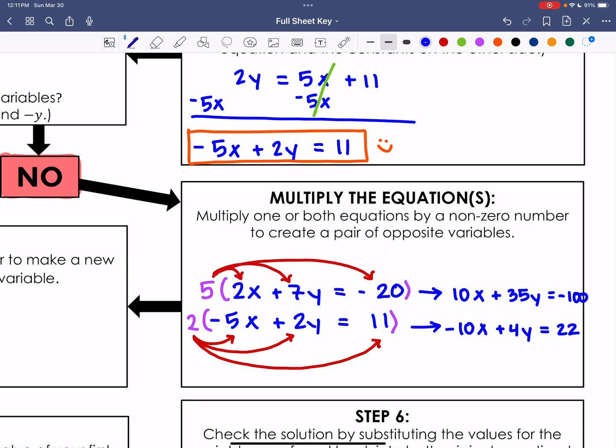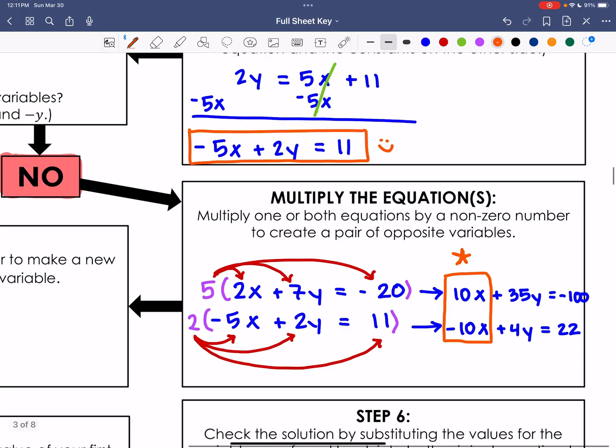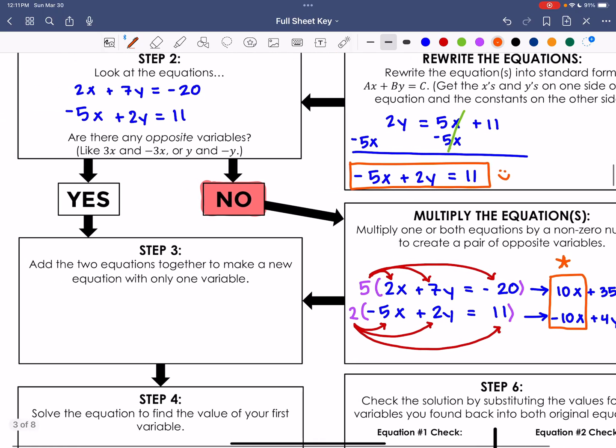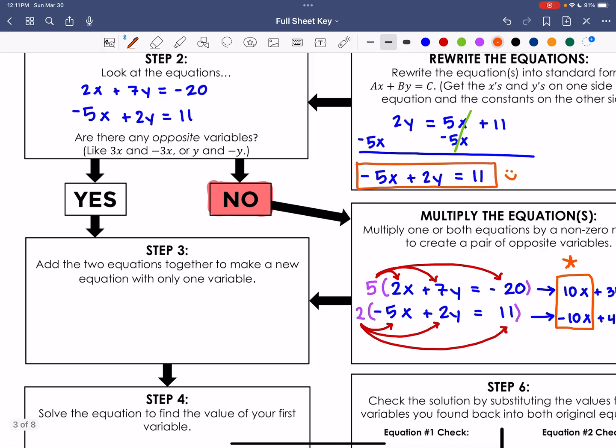So assessing what we've done here, I do see that I have a pair of opposite variables at this point, which is exactly what we wanted, right? The whole point of doing this multiplication process was to create a pair of opposite variables in one of these terms. It could have been the x's, could have been the y's. Now that we've got it, we're good to go. We are going to finally move on to step 3, which is adding these equations together.